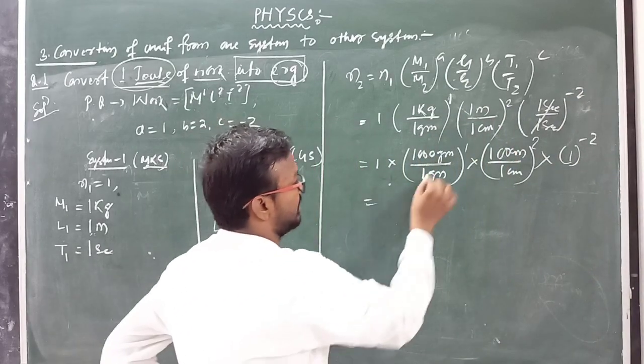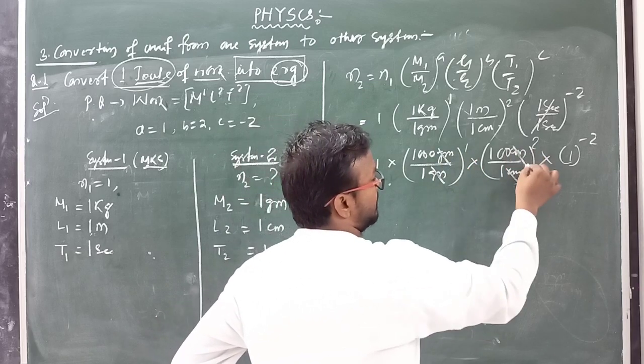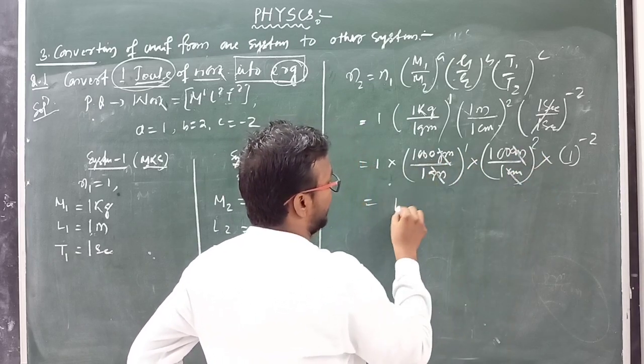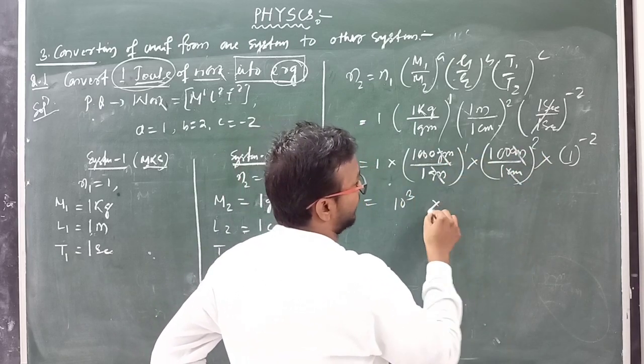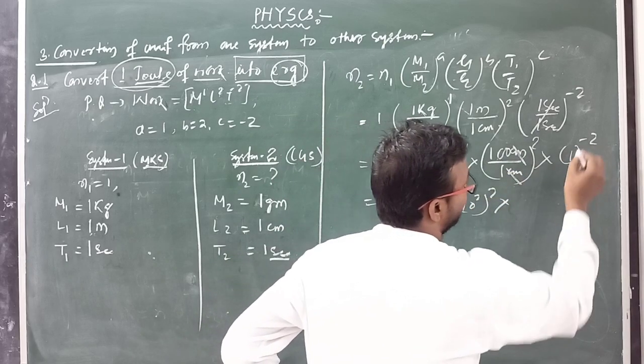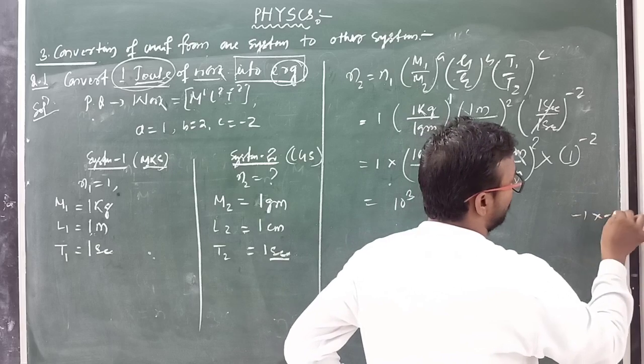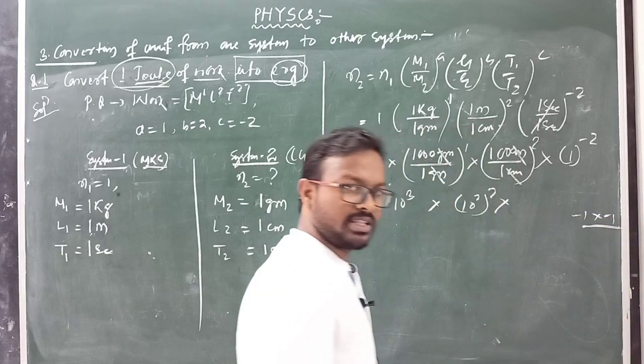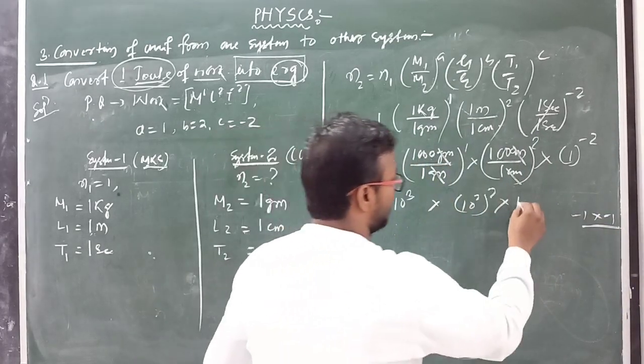So gram cancels, and centimeter also cancels, then here 10 to the power 3, power 1, into 10 squared, power 1, and minus 1 two times, minus 1 into minus 1 is positive, 1, so you can write 1.